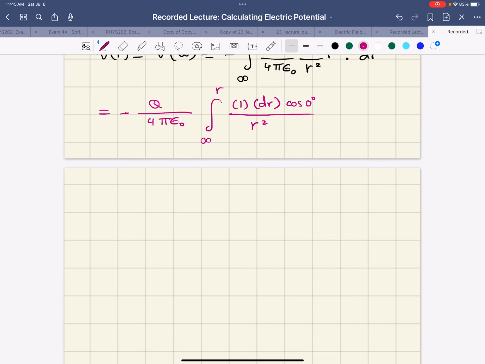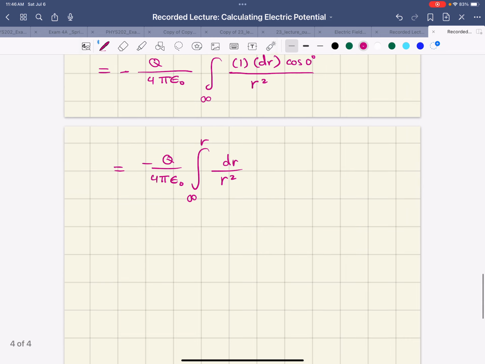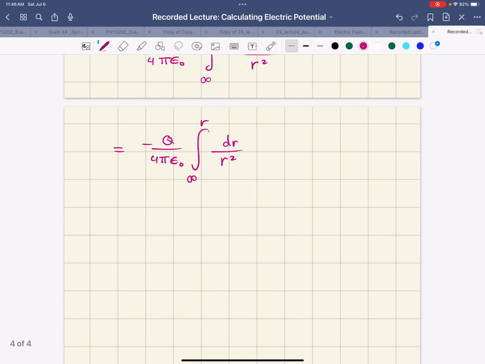That will result in minus Q over 4 pi epsilon 0, again from infinity to R, of dr over R squared. Now let's integrate. Then minus Q over 4 pi epsilon 0, and the integration is negative 1 over r.